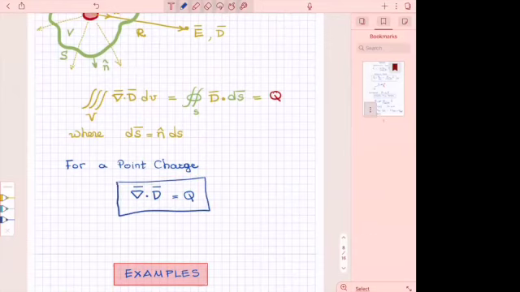This is true only for point charges, for charges that are located at one point in space. And that is important to remember because it only applies there. And then, of course, this is a total charge and it's a point charge, okay?